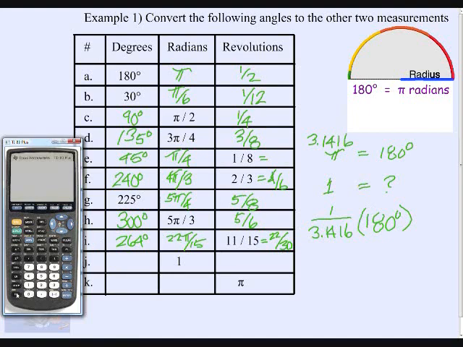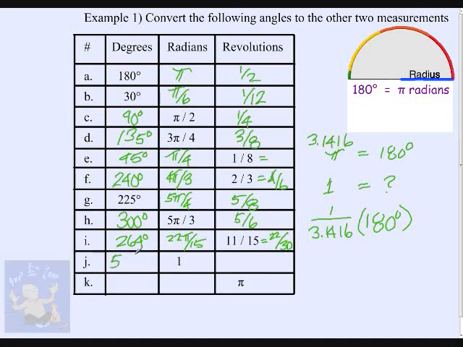So turn your calculator on, 180 degrees divided by, why don't I just use pi since it's available to me here, it'd be a little easier. 180 degrees divided by pi, and that's going to tell us how many degrees are in 1 radian. That might be a useful thing to know.